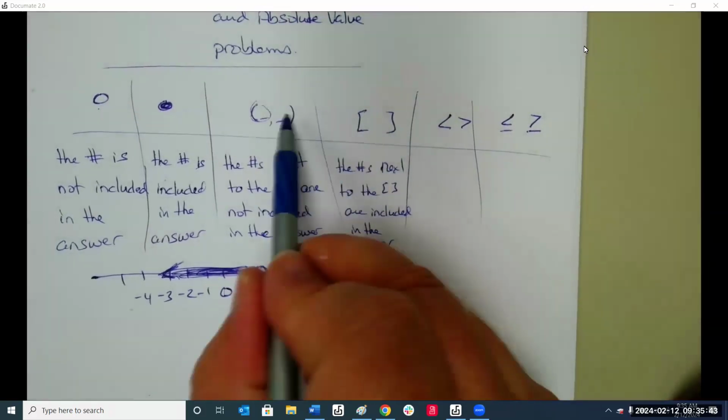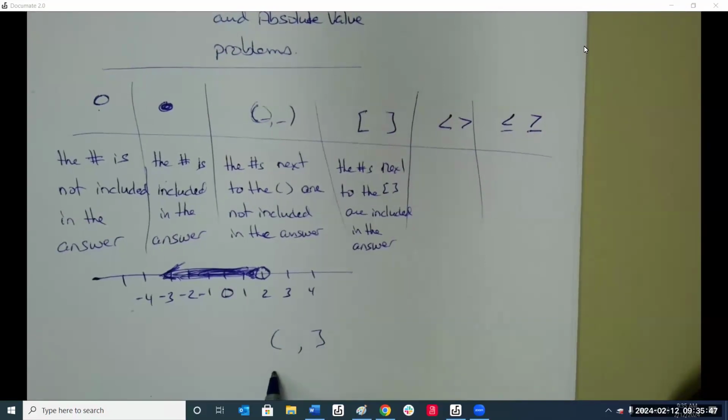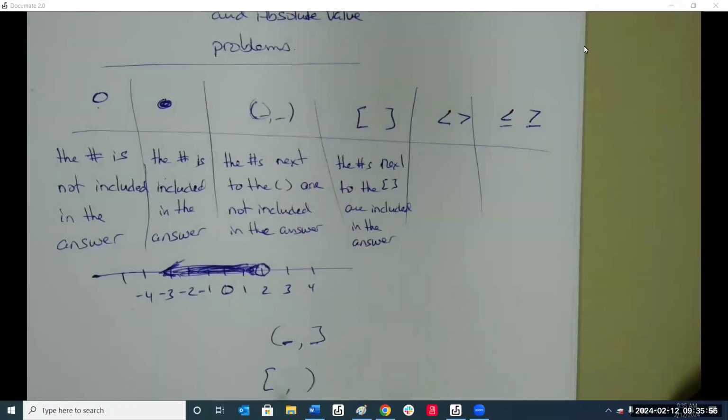Now, these could be mixed up. You can have something like this, or something like this, or just straight up parentheses. That means this number is not included, this number is included.